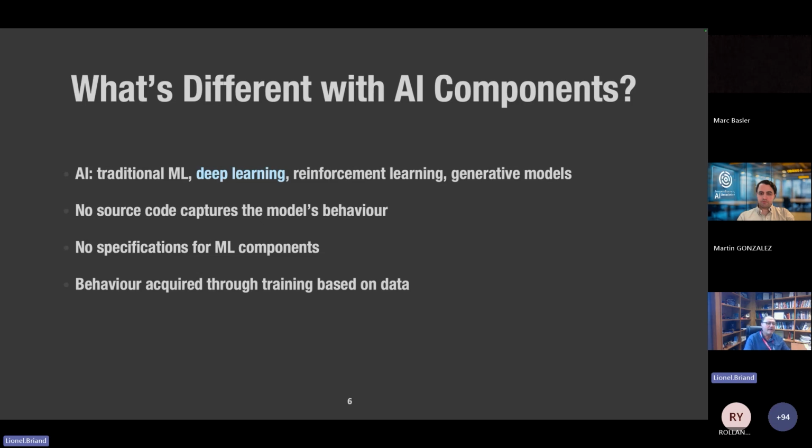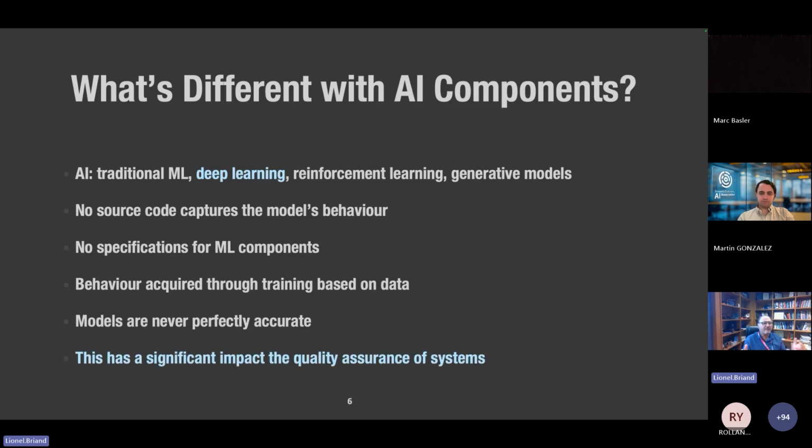The behavior is acquired through training. And the models we integrate are never perfect, no matter how much training we do. We know they're not perfect, especially over time when there is some form of data drift. And of course, this has a significant impact on the quality assurance of such systems.